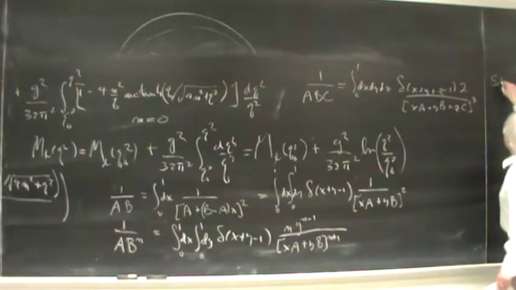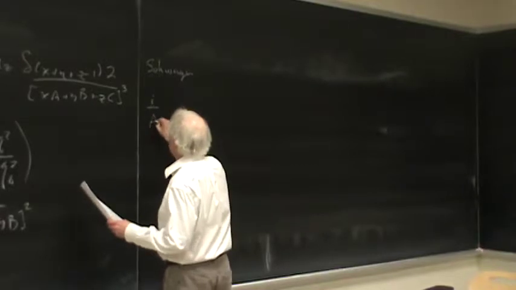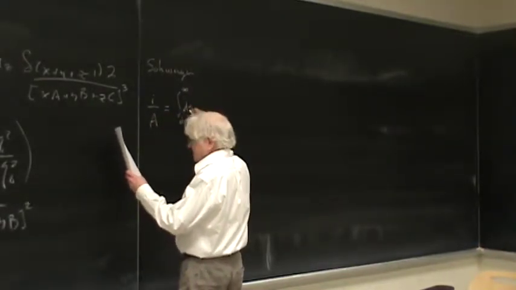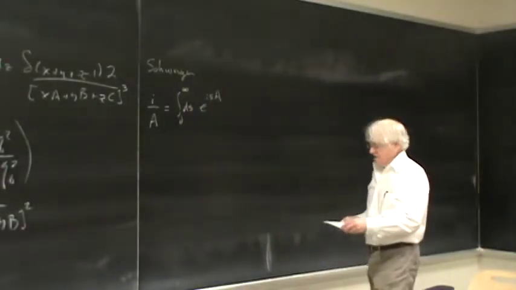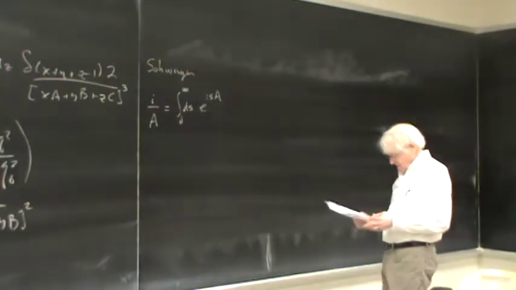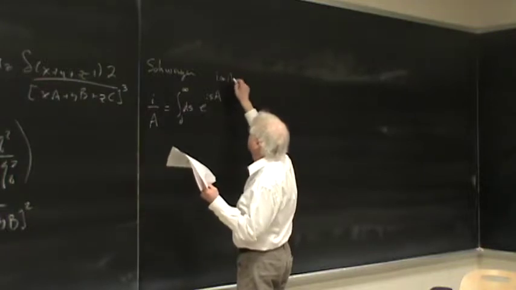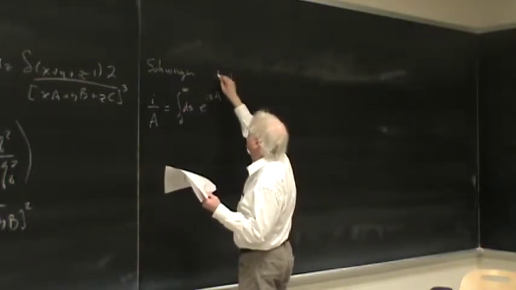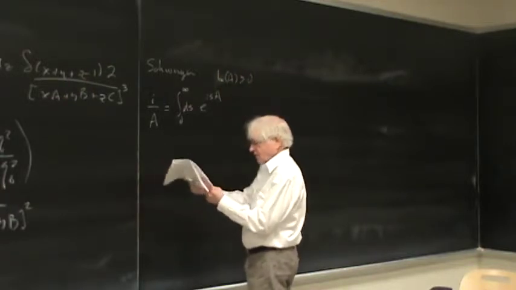Now there are these things called Schwinger parameters. And for example, these are just integrals. i over A is the integral 0 to infinity ds e to the i s A. And so that's an elementary integration. Of course, what you need here is that the imaginary part of A should be greater than 0.